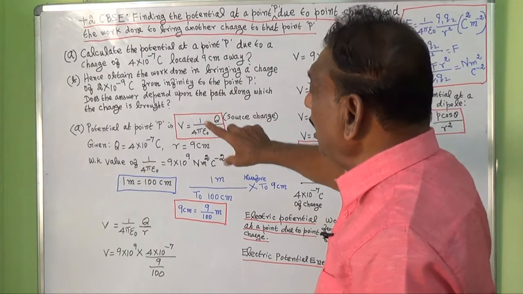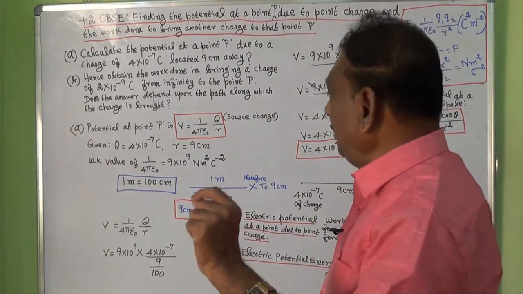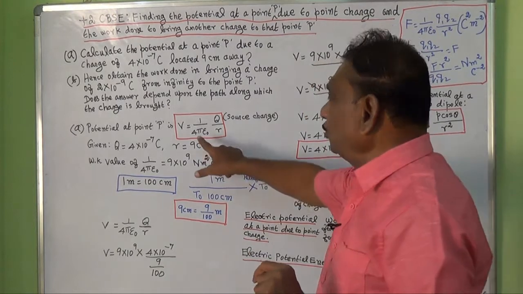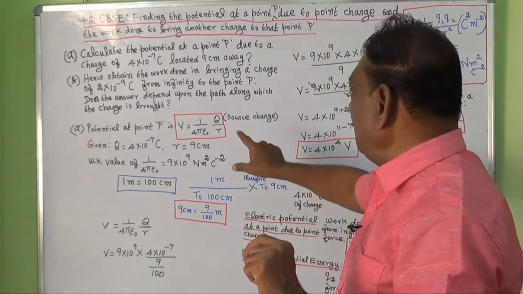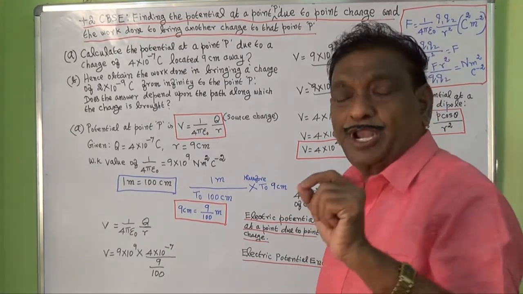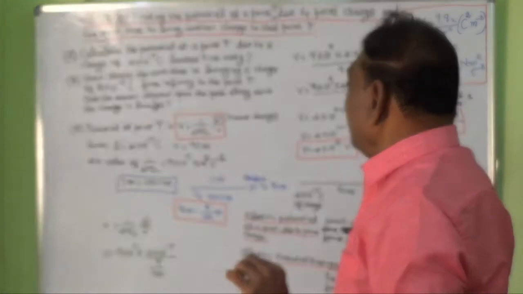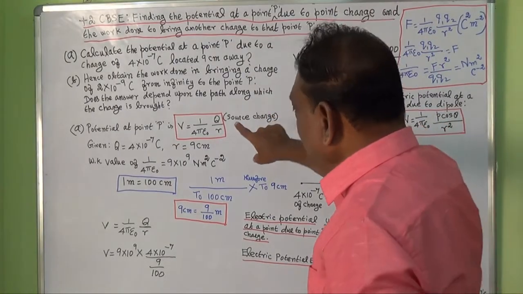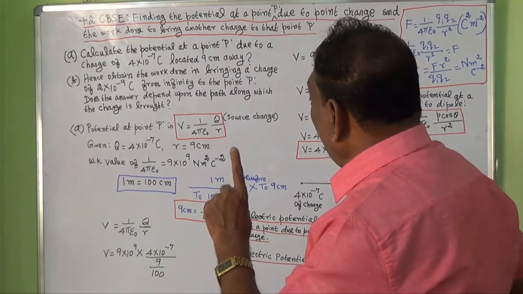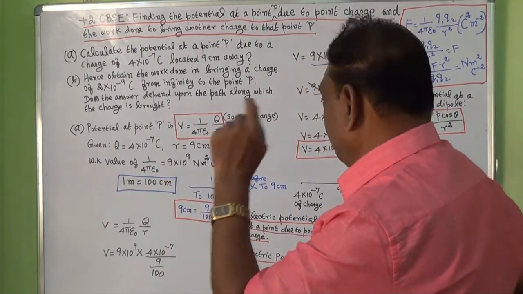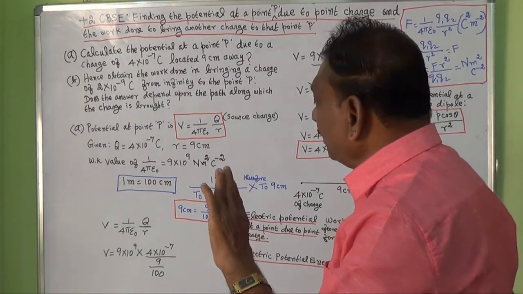So the formula to be selected is potential at the point P, capital V equal to 1 by 4 pi epsilon naught capital Q by R. This Q represents the source charge. On seeing this equation, we understand that there is only one data in the left side. In the right side, there are three datas.